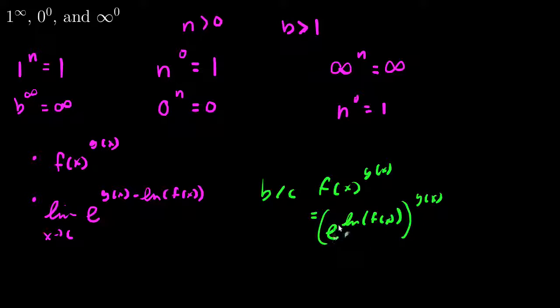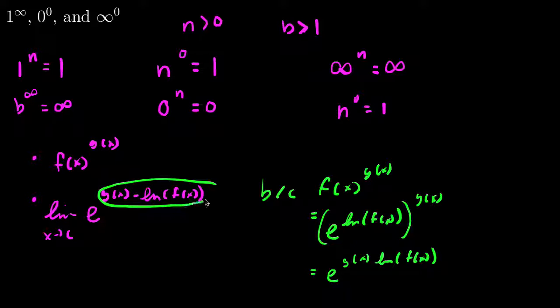because e to the natural log, these are inverses, and this is a power of a power, so I can rewrite it as e to the, multiplying these, g of x times natural log of f of x, and we get here. And then I'm just going to consider what happens up here.